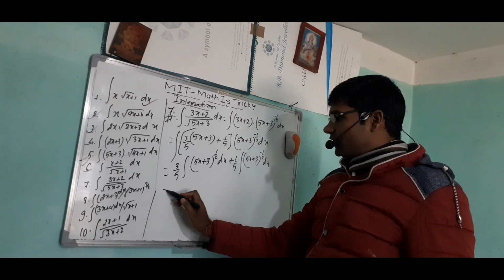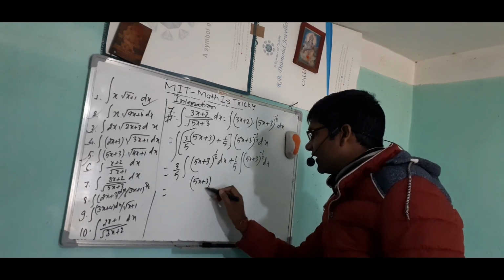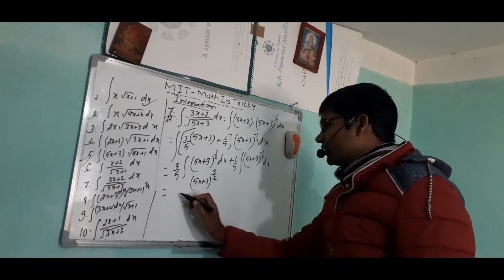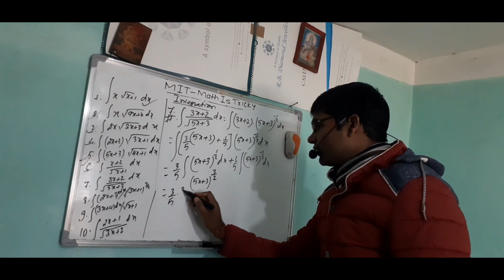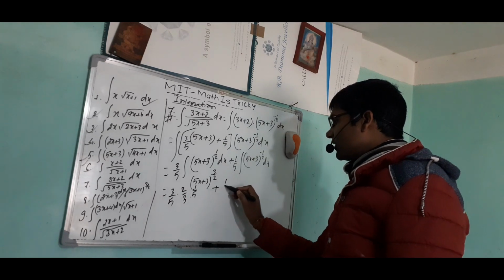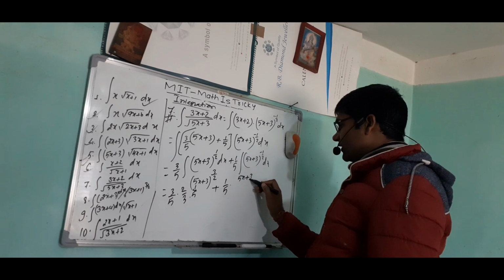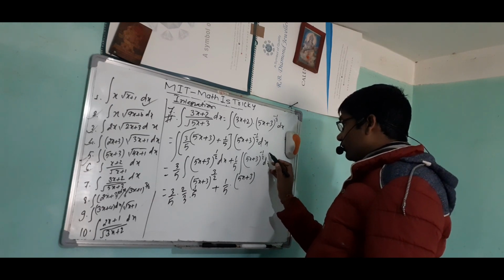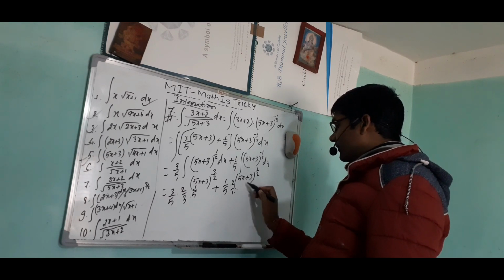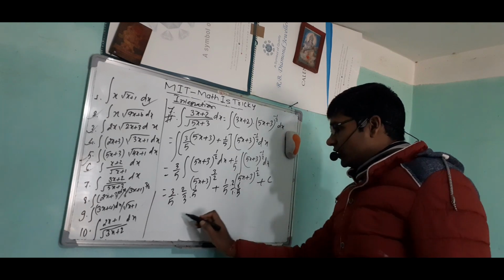Let's use the formula. 1 plus 1/2 means 3/2, so 3/2, 2/3. Remember, this 5 will come down, so 1/5. Again (5x+3) to the power minus 1/2 plus 1 means 1/2, and here it will be 2/1, but remember this 5 will come down, plus c is your answer.